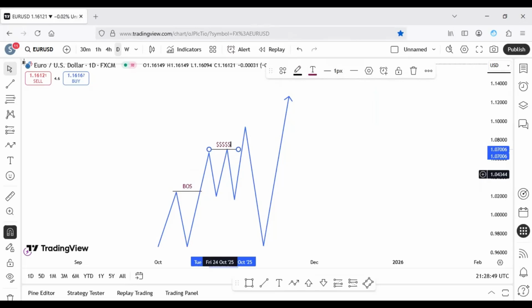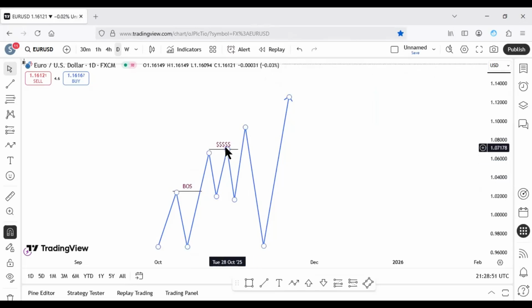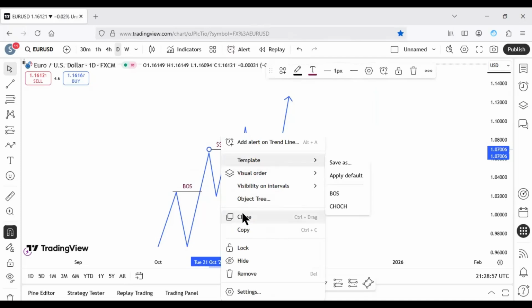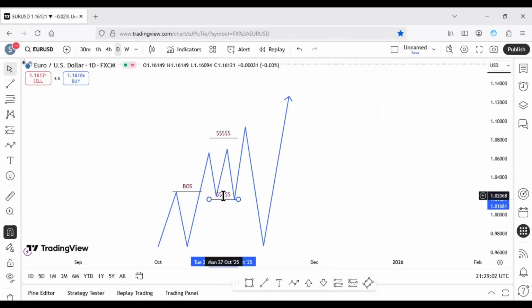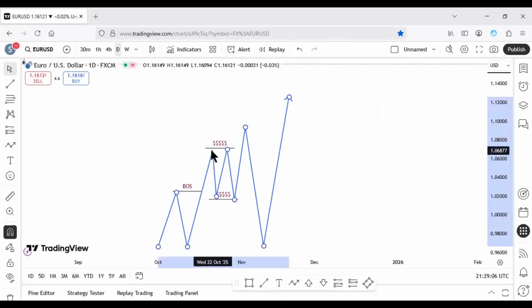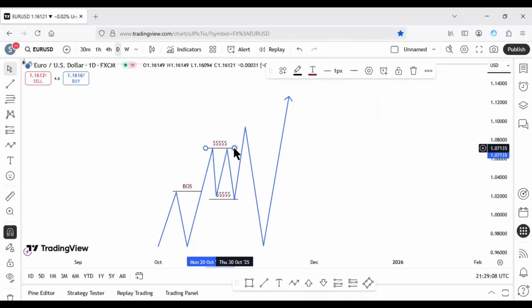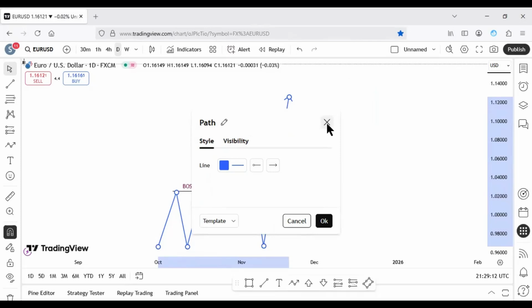So that is liquidity. We clone that. So that is liquidity.